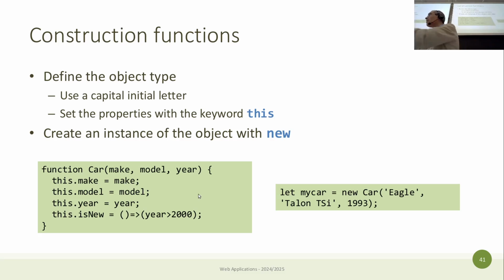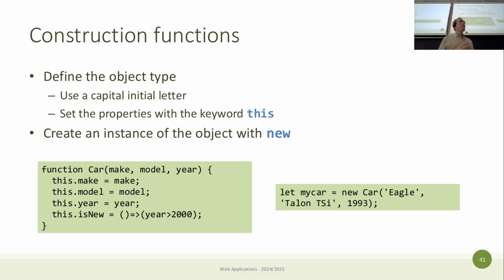It's still an object, but you need to write it again to create another object. In this way, with the keyword new, you have a more intuitive way of creating similar objects, and you can pass the values simply as parameters of a function that we call a constructor function.